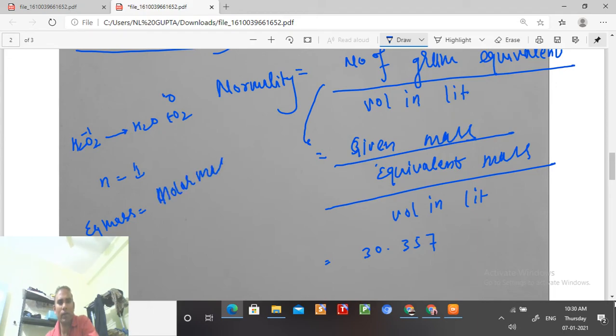Molar mass is 34, and 34 by 2 will come 17.